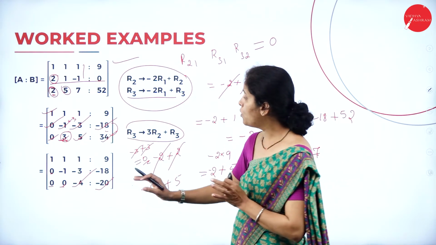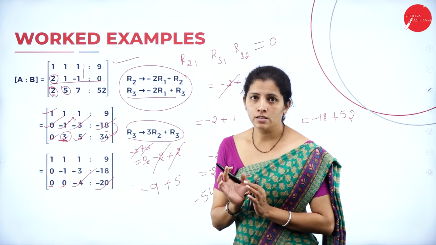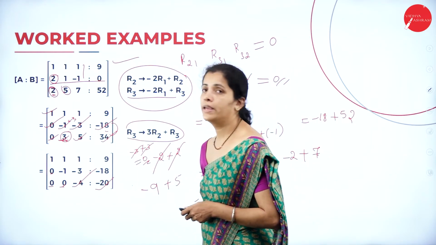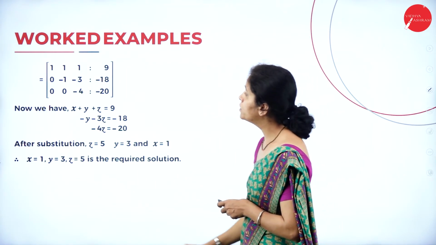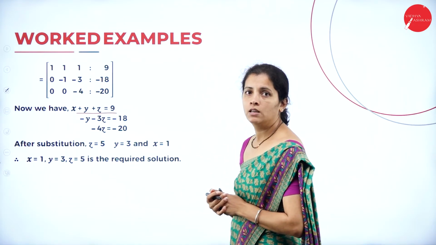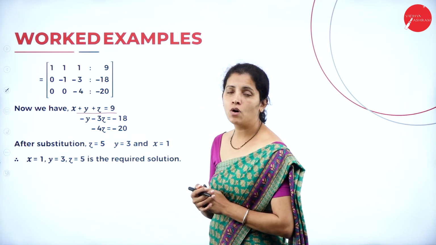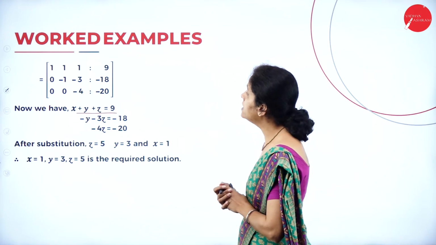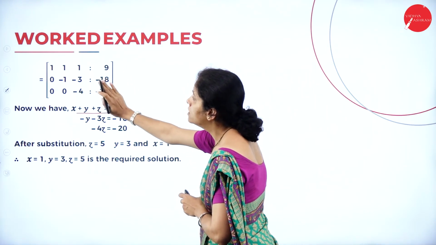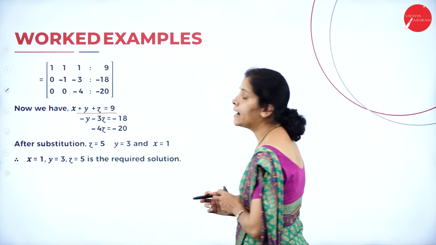That means I just want to rewrite this augmented matrix in the form of equations. Now, I just want to find the values of x, y and z. So, here first I am going to rewrite this matrix in the form of equations and try to find the solution.